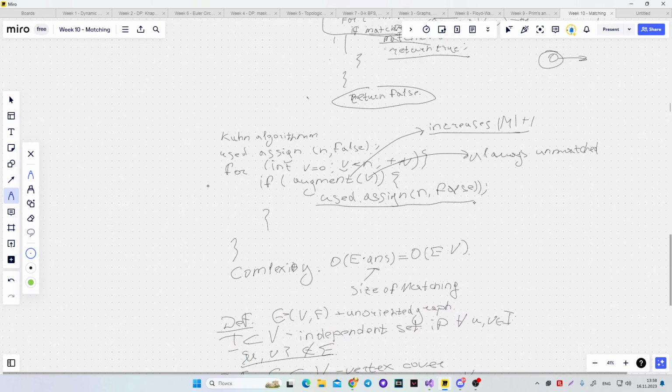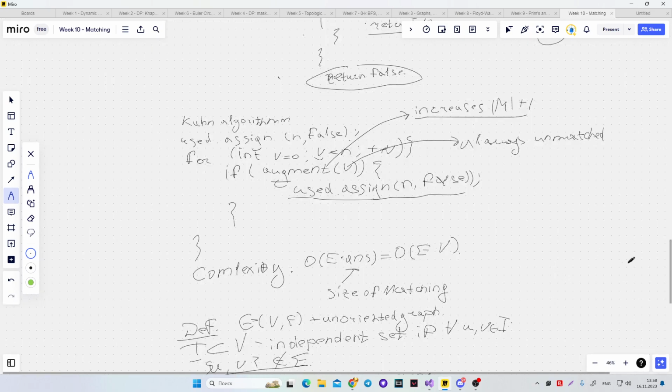But we didn't prove that if we build the matching in such a way, we get the maximum matching. I will prove it a little bit later.